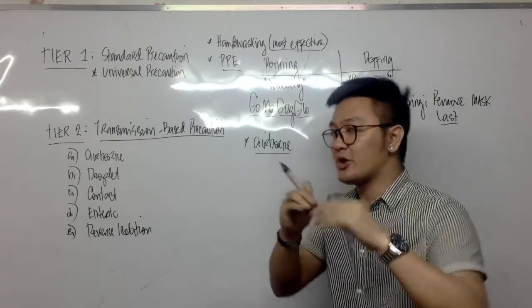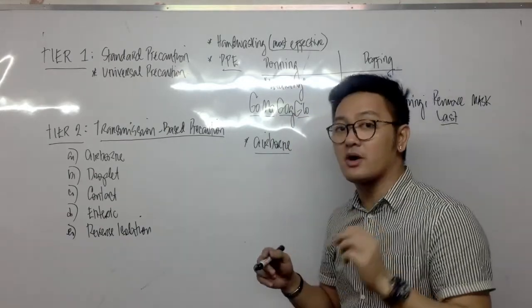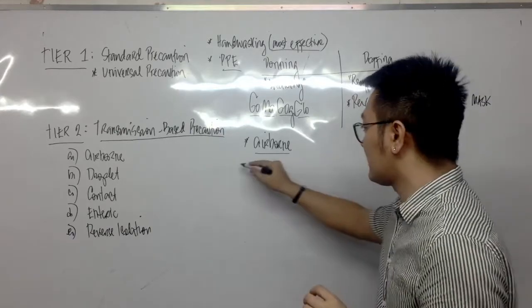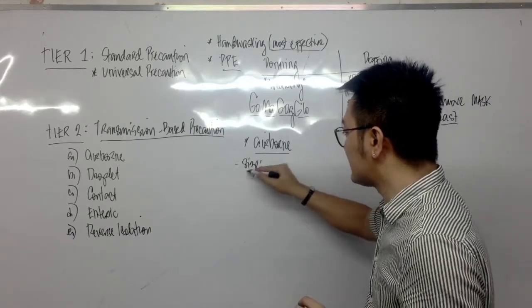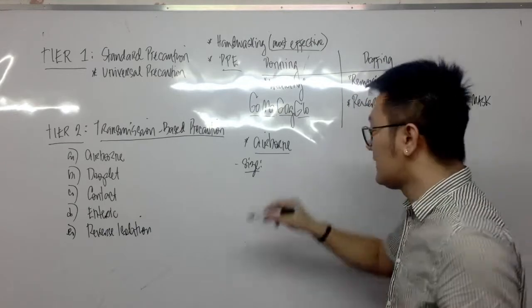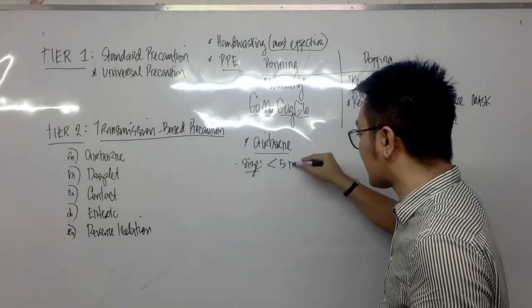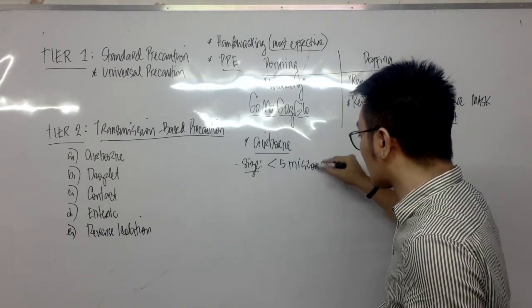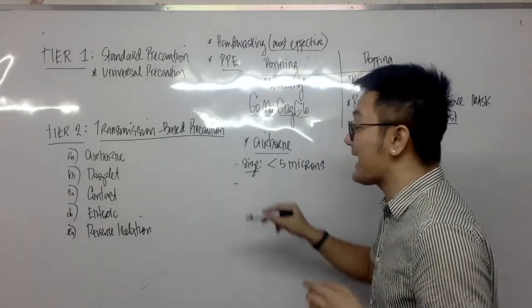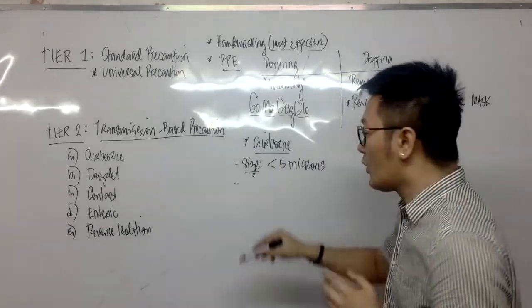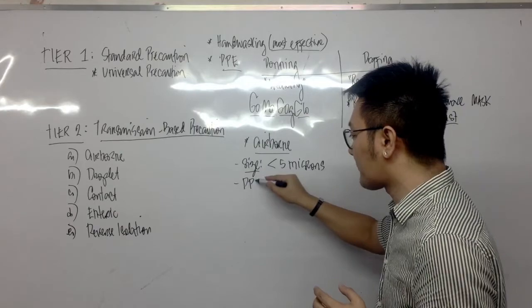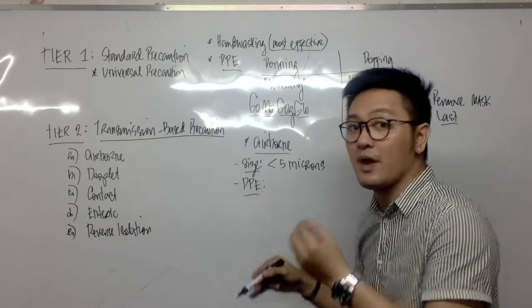Am I right? So again, in airborne, the microorganism is small. So tell me, what is the size of the microorganism for airborne? Usually, it's less than 5 microns.